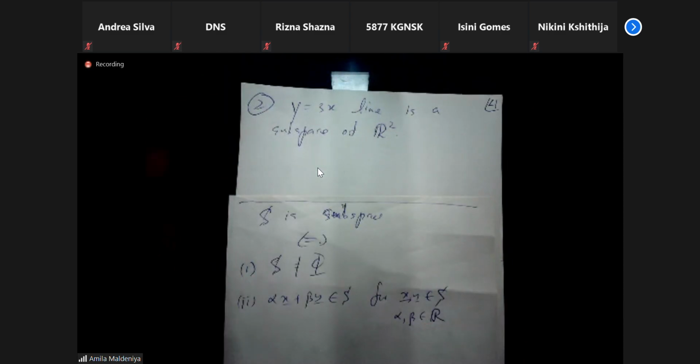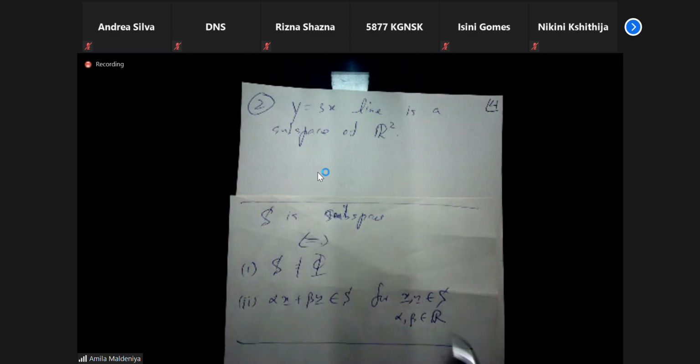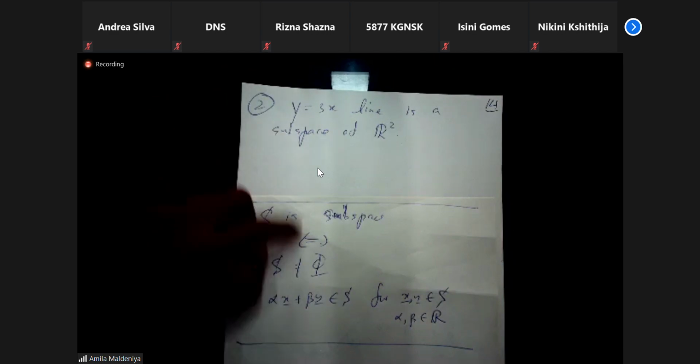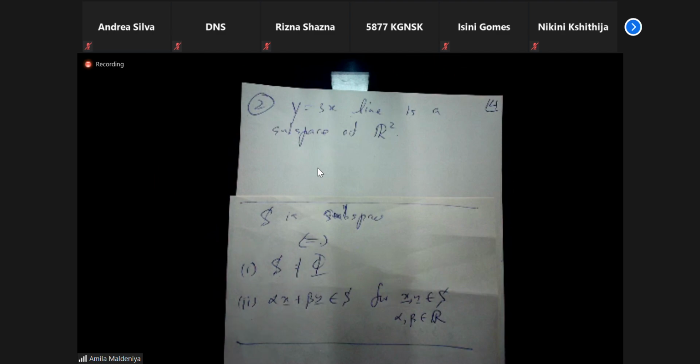This is the question. You just prove it, and I wrote this result here because you don't have it to refer to right now. I will upload it later. Use this or any other method to prove that this line is a subspace of R2. Let me give you around 5 minutes.